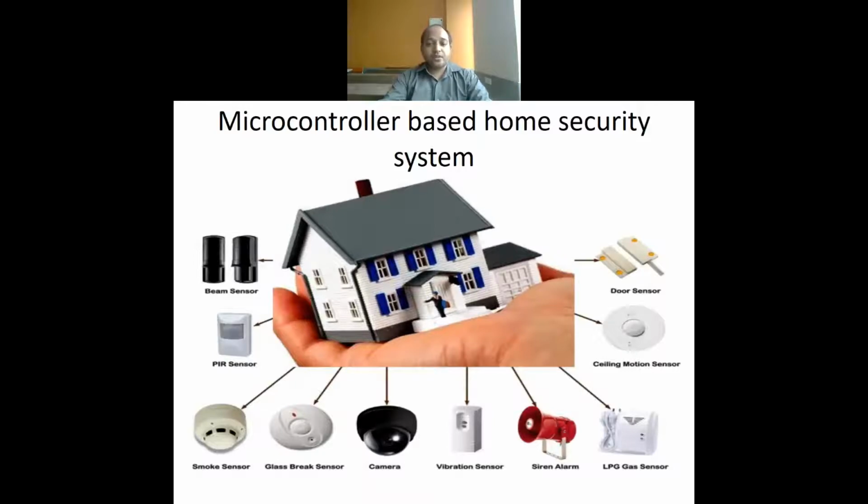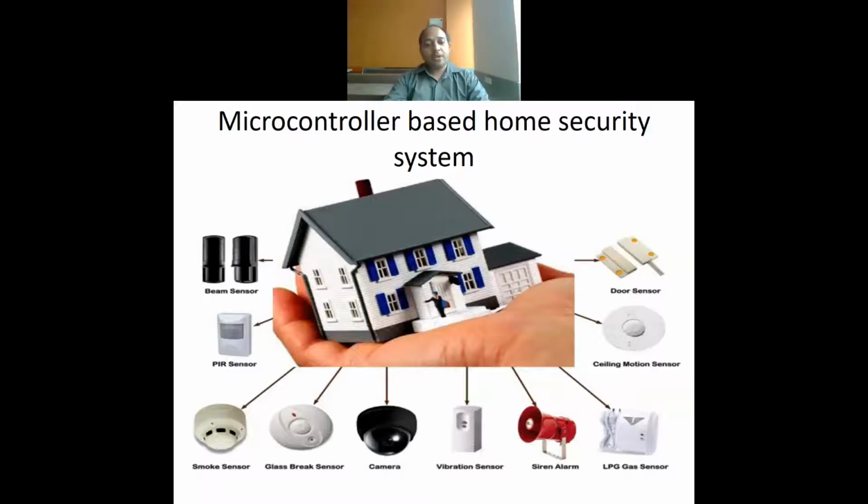Next, a small example. It's a small example of a microcontroller based home security system. Coming to the sensors, we can use a lot of sensors which are available in the market.